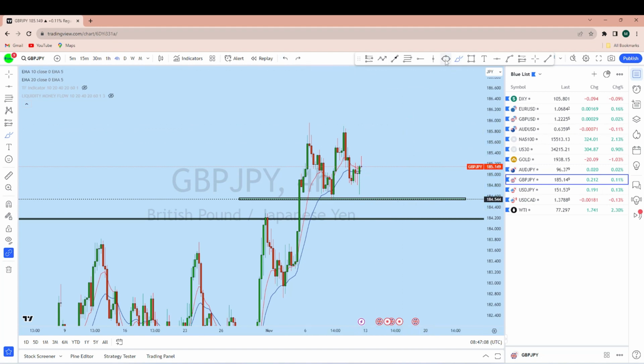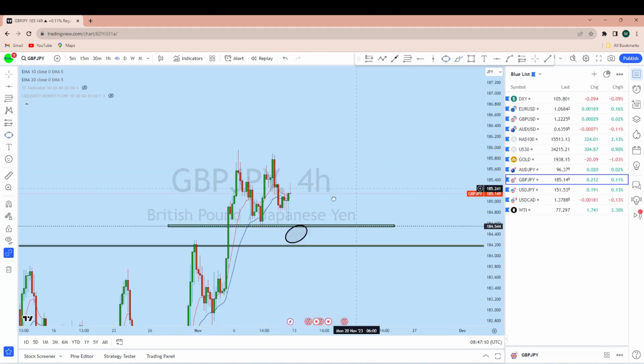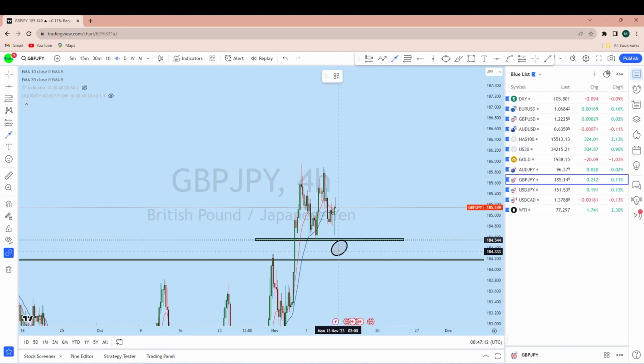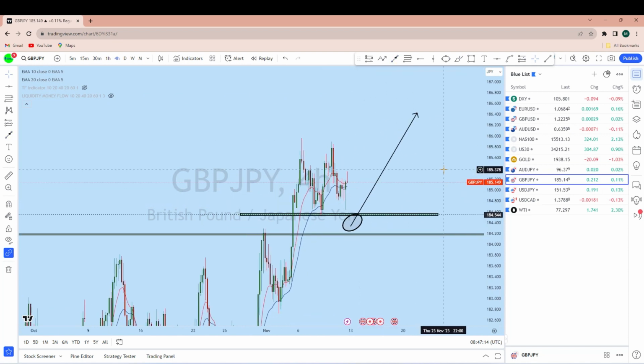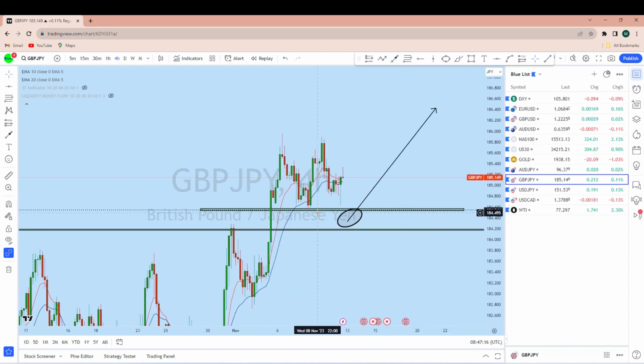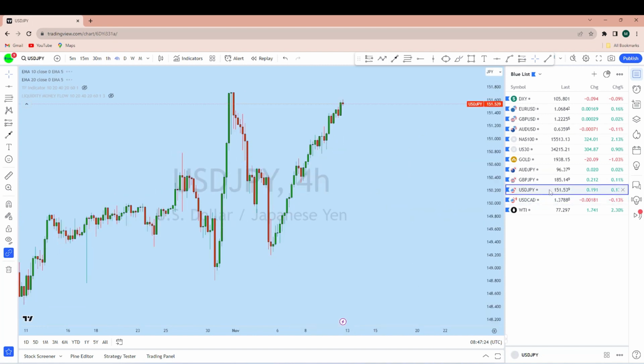So this is where we'll be waiting on GBPJPY to gather liquidity and then give us a suitable entry opportunity. Any break of this low, we'll consider going long on GBPJPY.